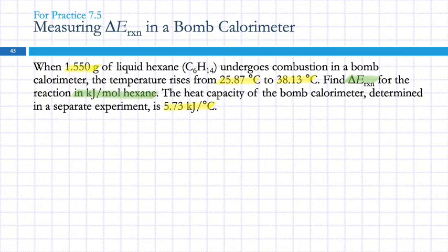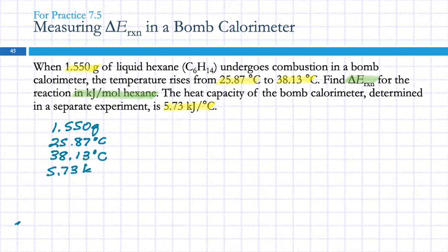So then let's pull out the numbers and write them down and identify them, because it's kind of hard to see them when they're all jumbled up with the words. So we've got these two temperatures, and then we've got this other guy, 5.73 kilojoules per degree Celsius.